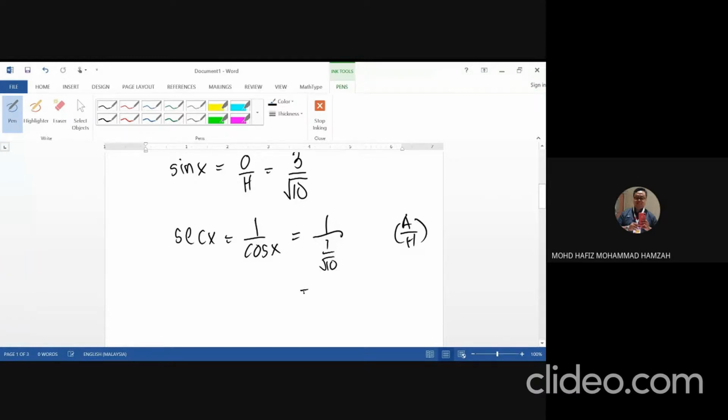So square root of 10 per 1, sama dengan square root of 10. Dan seterusnya lah, for the rest of the question. So that's how we use the reference triangle to find the solution for the inverse trigonometric function.